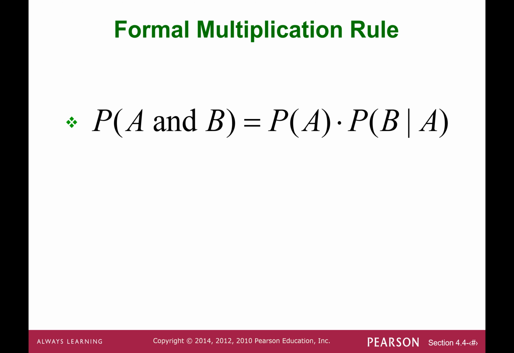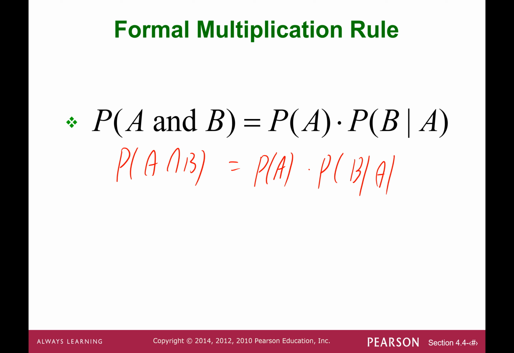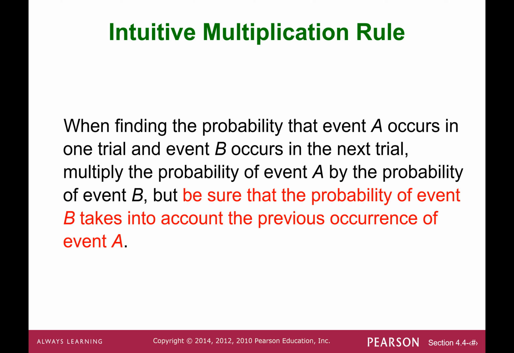So the probability of A intersect B equals the probability of A times the probability of B given that A occurs. To find the probability that event A occurs in one trial and event B occurs in the next trial, simply multiply the probability of event A by the probability of event B, and also take into account the previous occurrence. Event B takes into account the previous occurrence of event A.